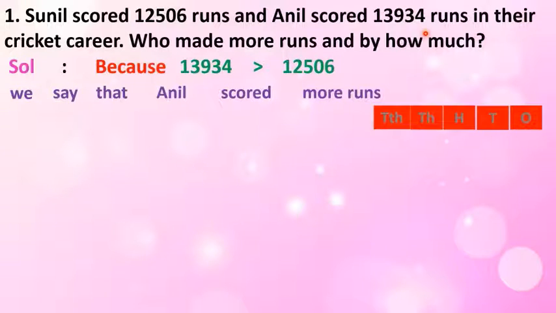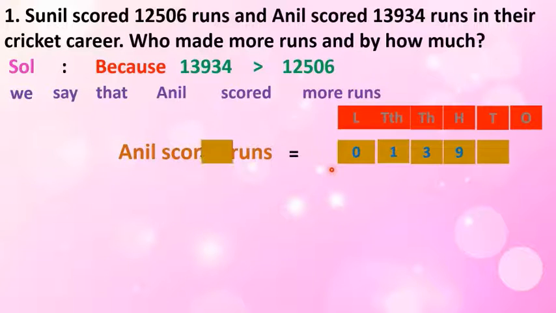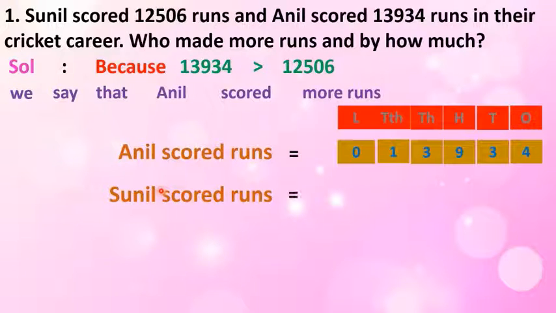By how many means we have to subtract. First we write Anil scored runs, the bigger number in the first line. Anil scored runs is equal to 13,934, and Sunil scored runs is equal to 12,506.